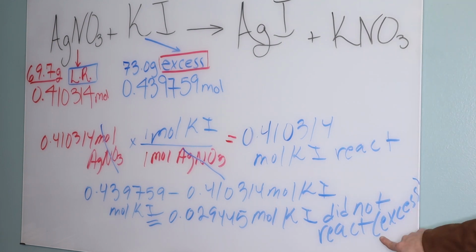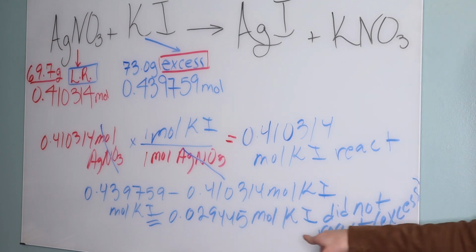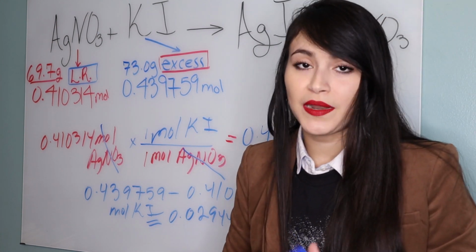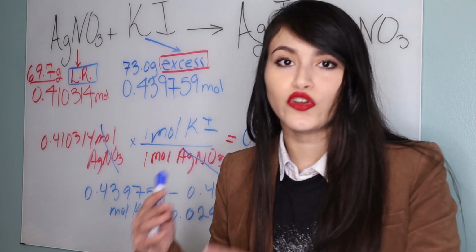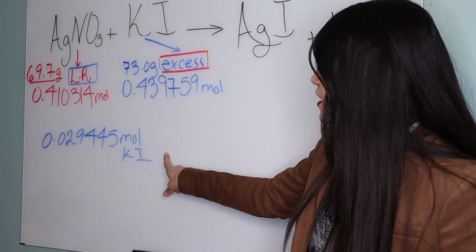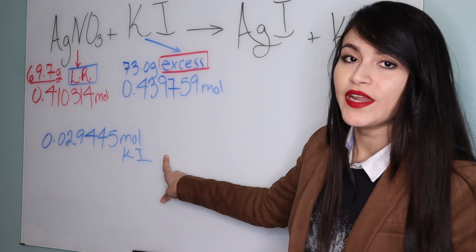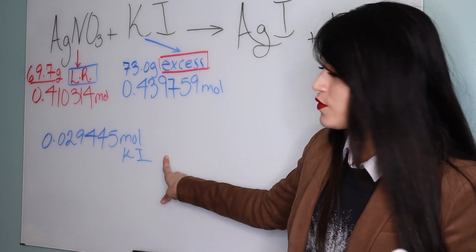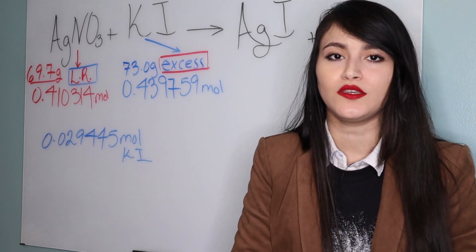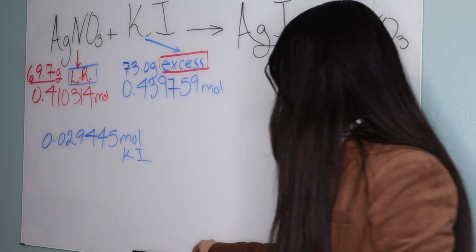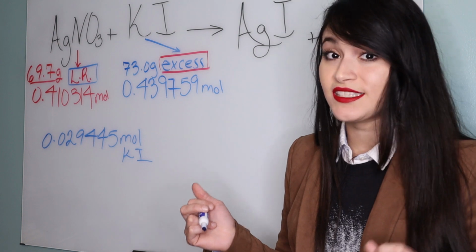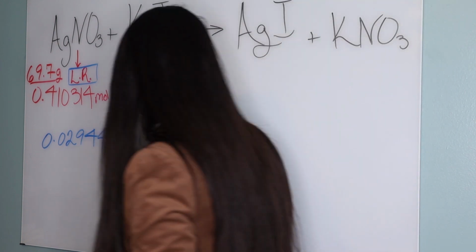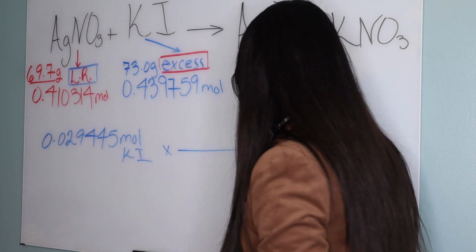So now that we know that this is the moles that did not react, let's go ahead and find out how many grams then do not react. So we're going to go from moles to grams. So we have our moles over here, potassium iodide that did not react, and now we're trying to go to grams, right? So from moles to grams, you're going to be using the molar mass. And the molar mass for potassium iodide was 166 grams over mole. So I want grams, that's going to go at the top.